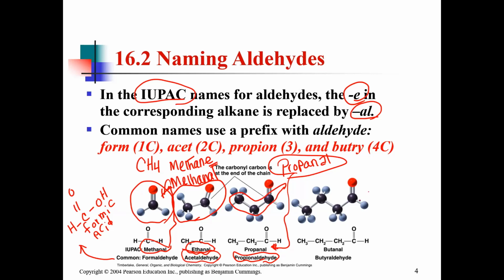And what would be the IUPAC name of this aldehyde with four carbons? Now, four carbons would have been butane, right? I'm going to remove E and add al. Can I say the IUPAC name is butanal? Butanal, and common name butyraldehyde, coming from butyric acid. Butyric acid has got four carbons.